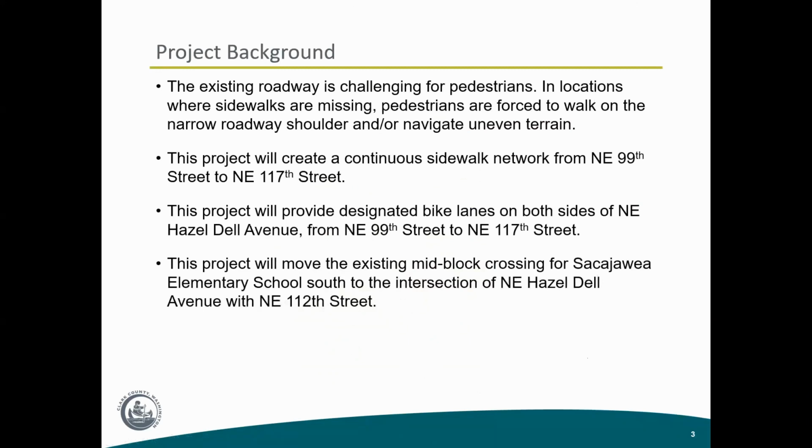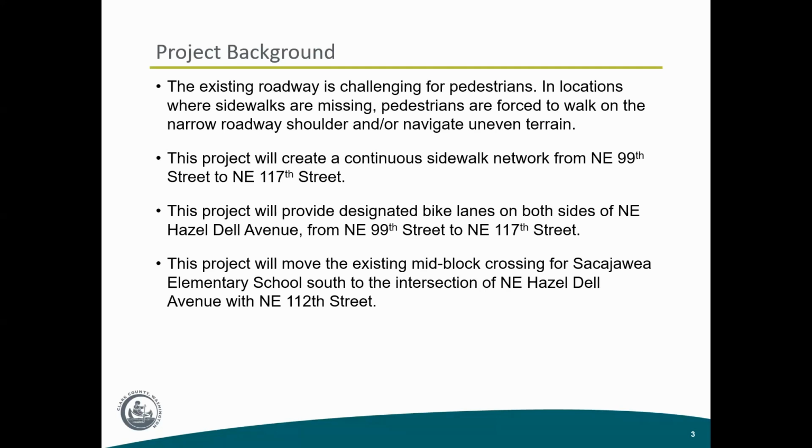A little background on this project. As many of you know, the existing roadway out there is challenging for pedestrians in locations where sidewalks are missing. Pedestrians are forced to walk on the narrow roadway shoulder and or navigate on uneven terrain, something the county recognized, and Chris was able to go out and get us some grant money to address these concerns.